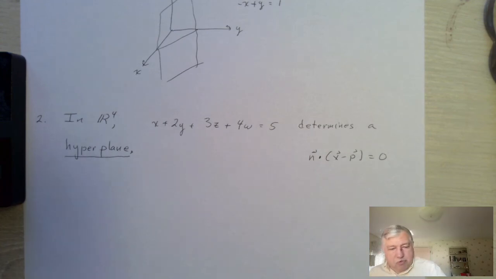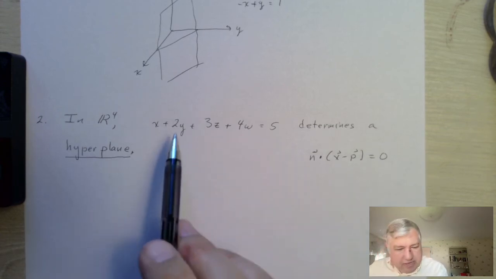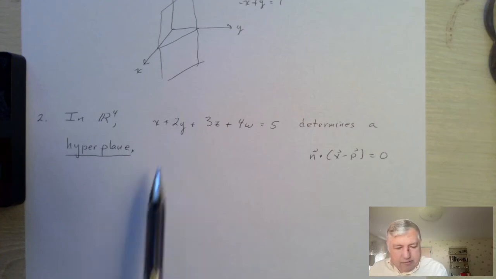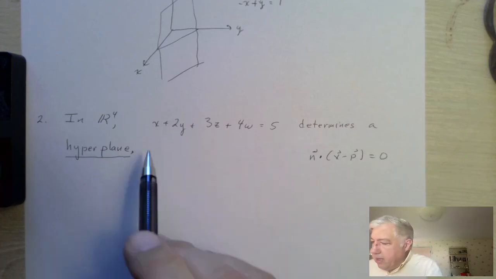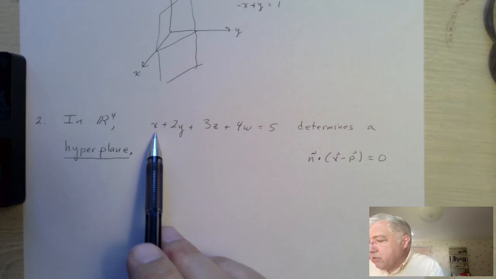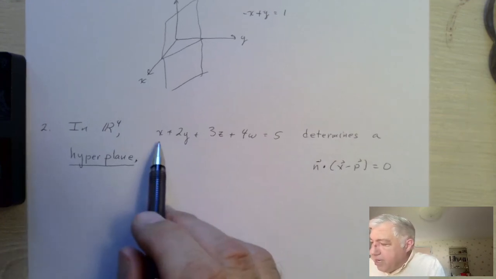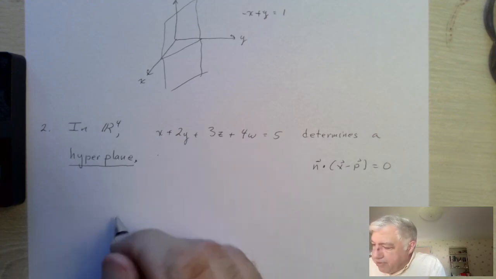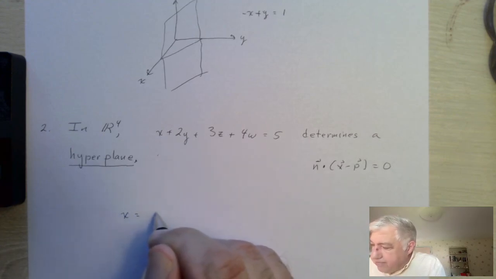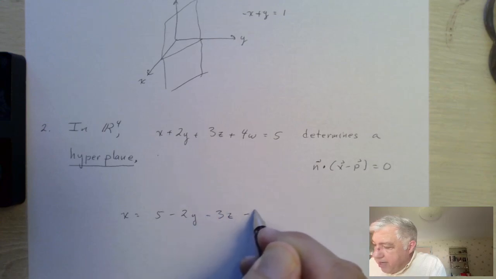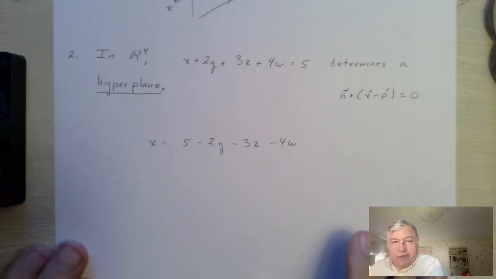And even though we can't view things in 4 dimensions very well, we can still do the same thing we did before in looking at what an arbitrary point looks like, because we can write one variable in terms of the others. In particular, x will be 5 minus 2y minus 3z minus 4w, right?